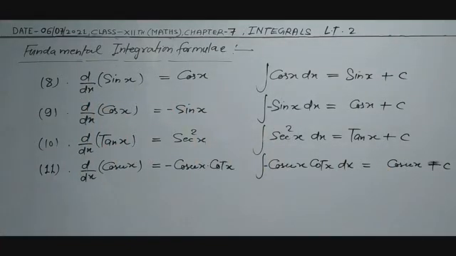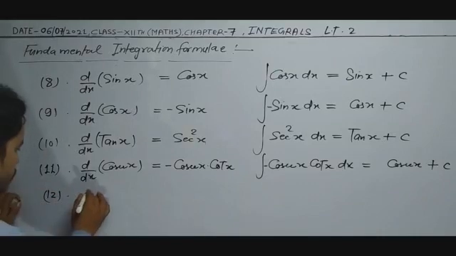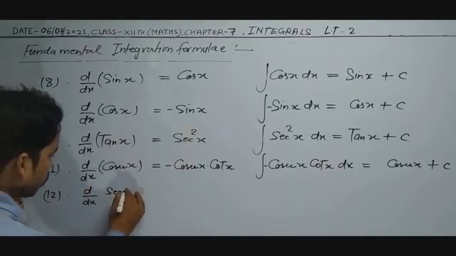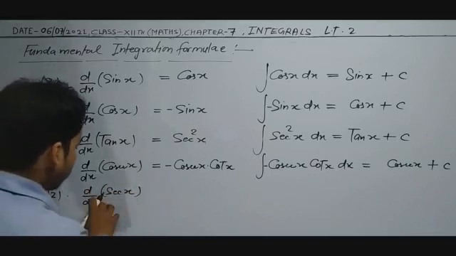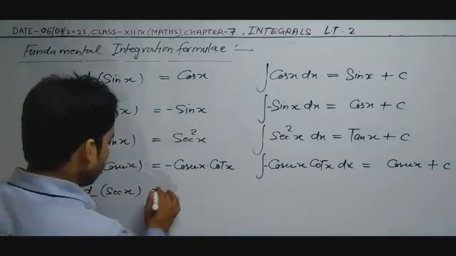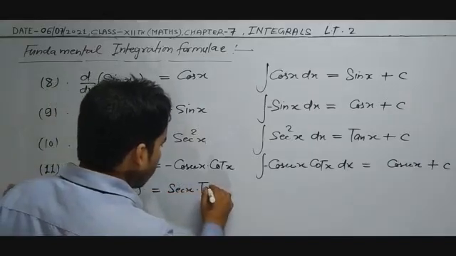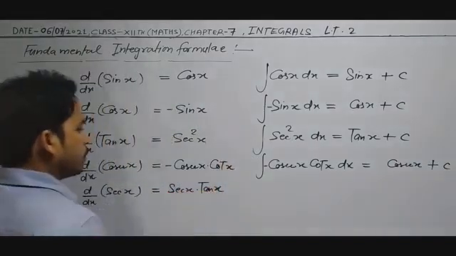So now come to formula number 12. Formula number 12 is d by dx of sec x. Its result is sec x into tan x.